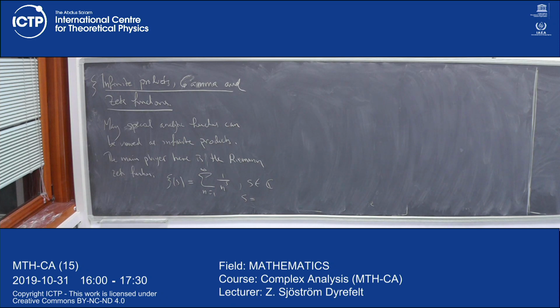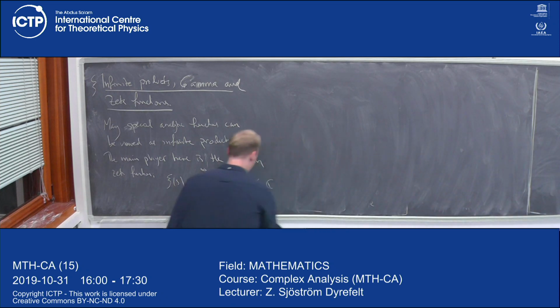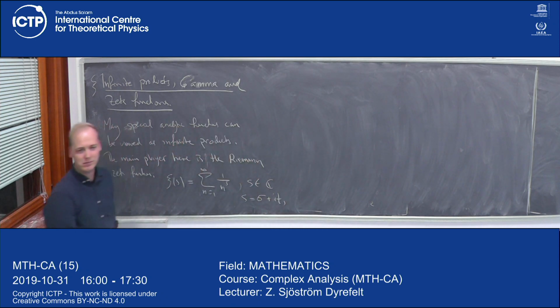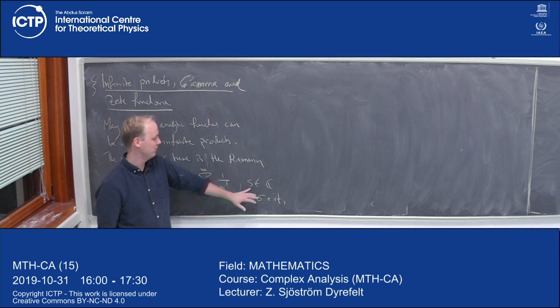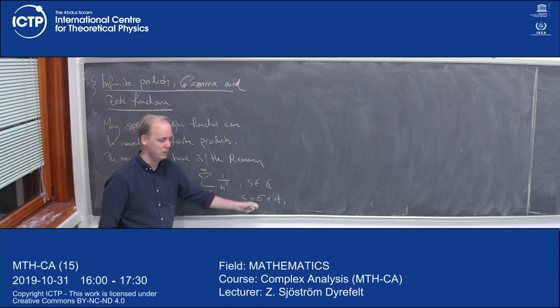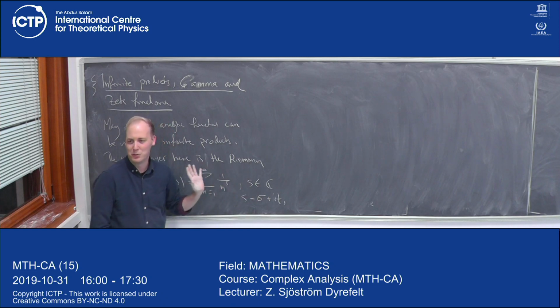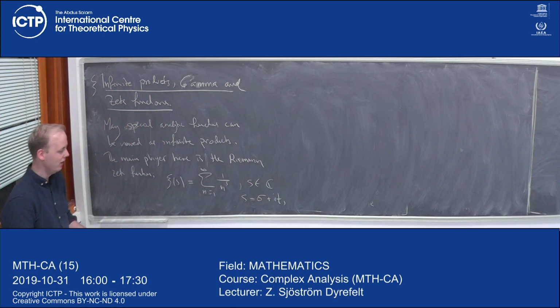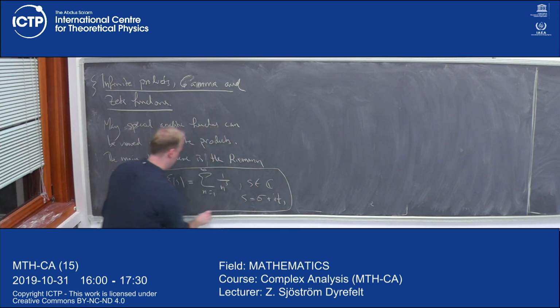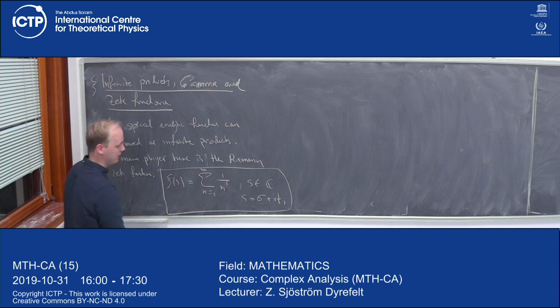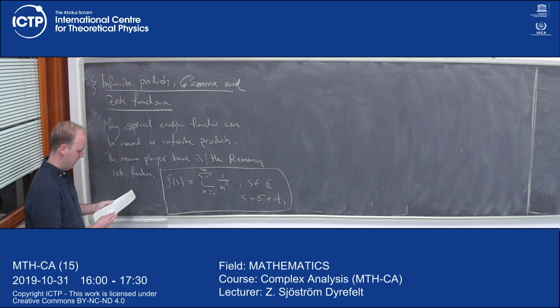This is why I'm all of a sudden calling it s, okay? So s is sigma plus i times t. Nowadays this has gotten a life of its own, so people would just write sigma and everybody should know what it is, if you're in this field, studying the zeta function. So, okay, this is the famous zeta function.